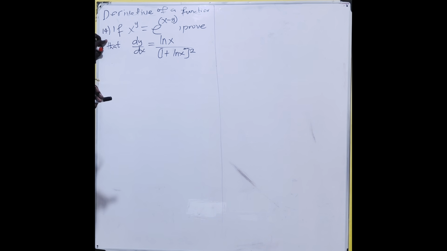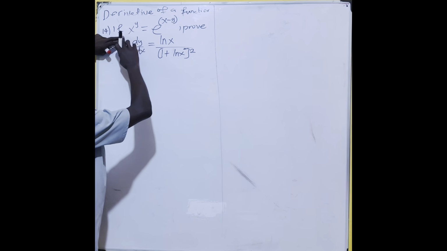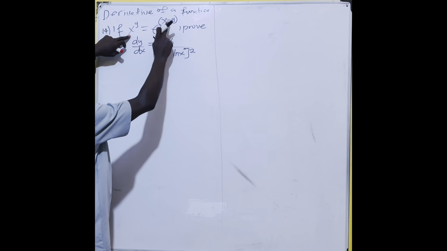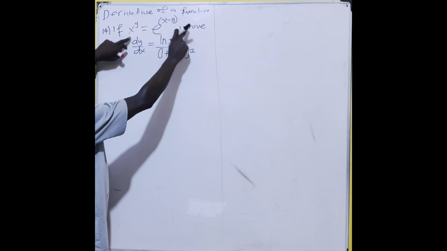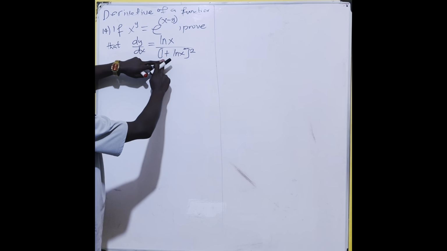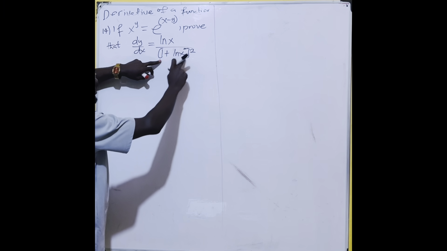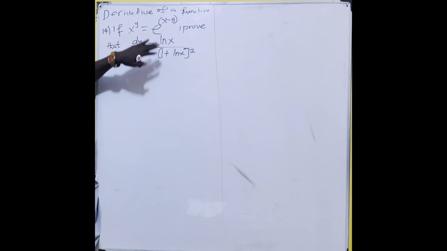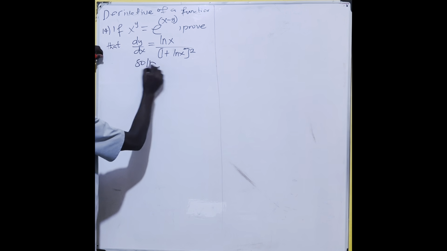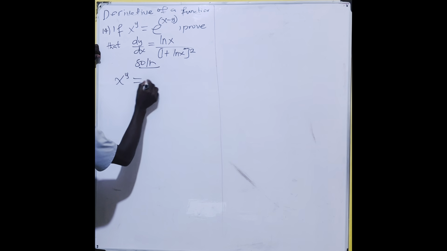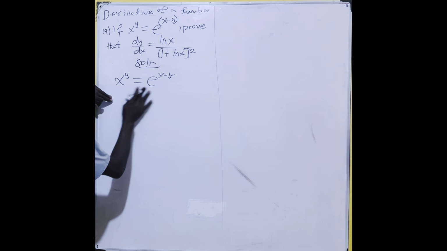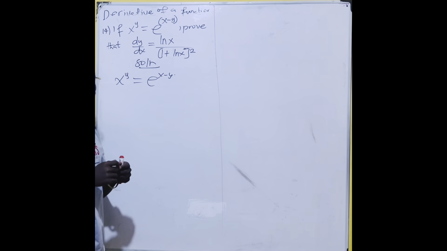With question number 14, if x to the y is equal to exponential function to the x minus y, we want to prove that dy dx is equal to ln x over 1 plus ln x all squared, right? So we are going to use this to prove this. So we say x to the y equals e to the x minus y. So here we have to introduce the natural log to both sides.